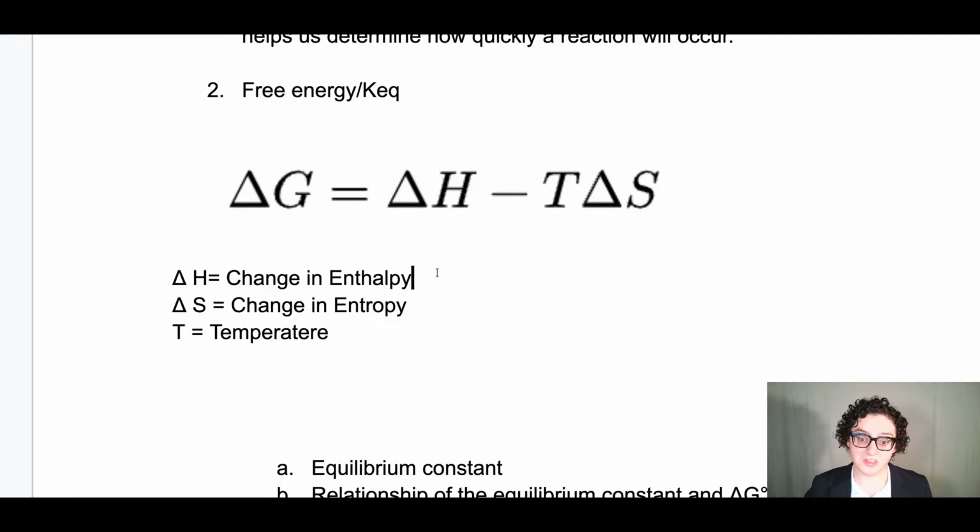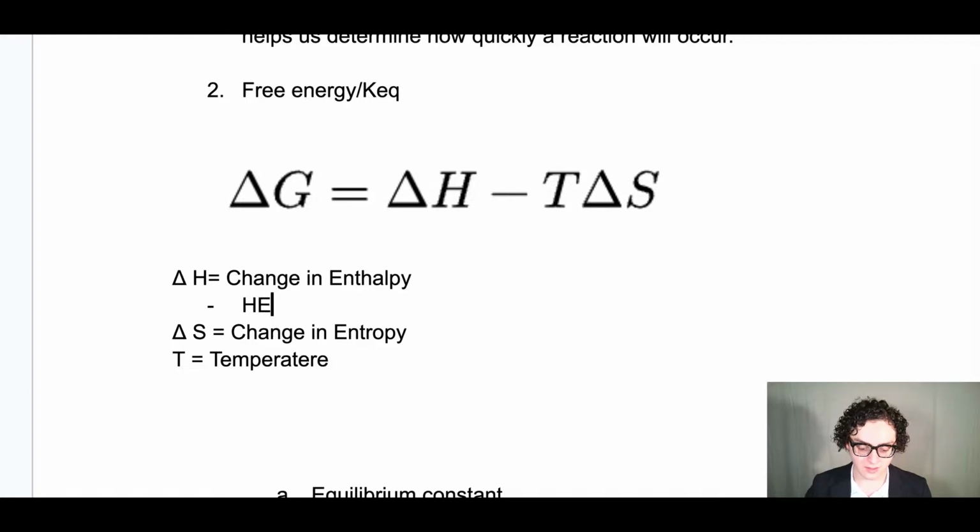Let's start with enthalpy. Enthalpy is otherwise known as the heat of a reaction. Let's find a good definition for enthalpy from our textbook.